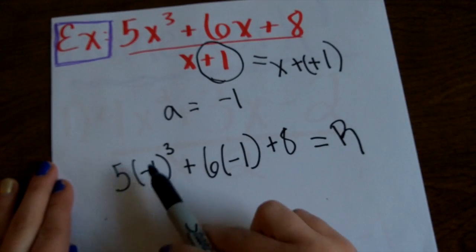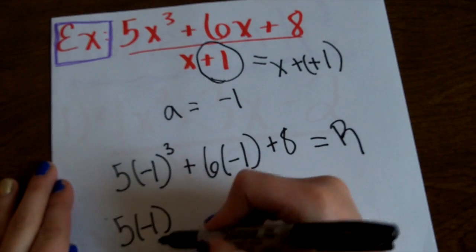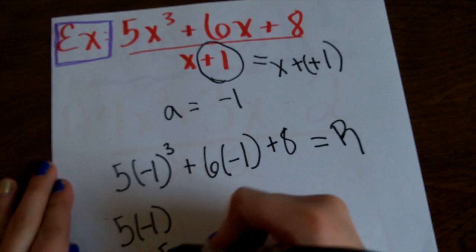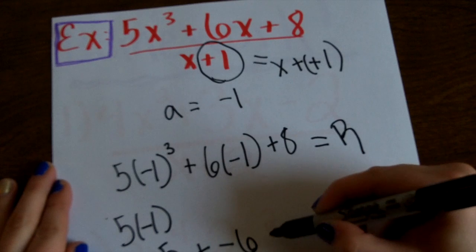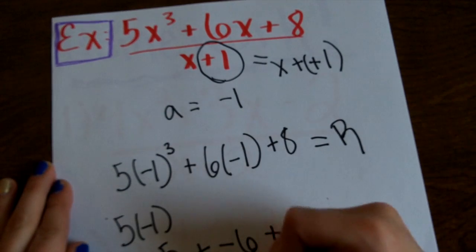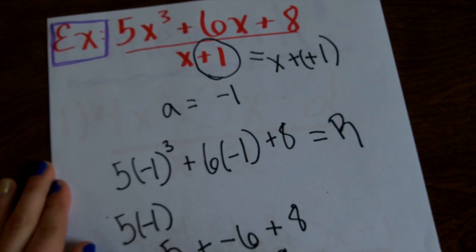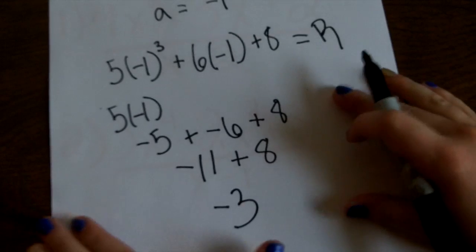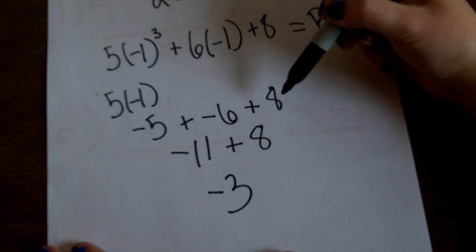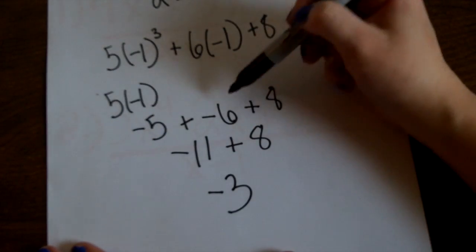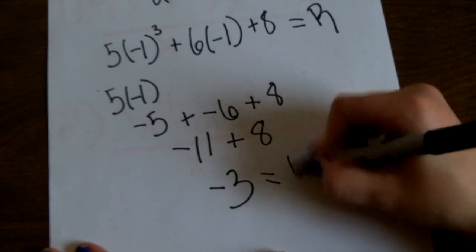So we have 5 times negative 1 cubed is going to be 5 times negative 1, which equals negative 5, plus negative 6 plus 8. Negative 5 plus negative 6 plus 8 is going to give us negative 11 plus 8, and that equals negative 3, which is our remainder.